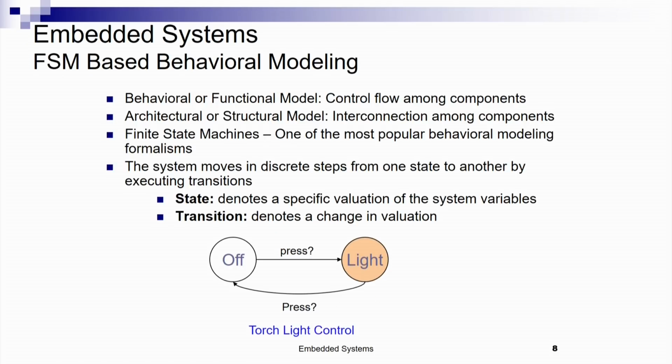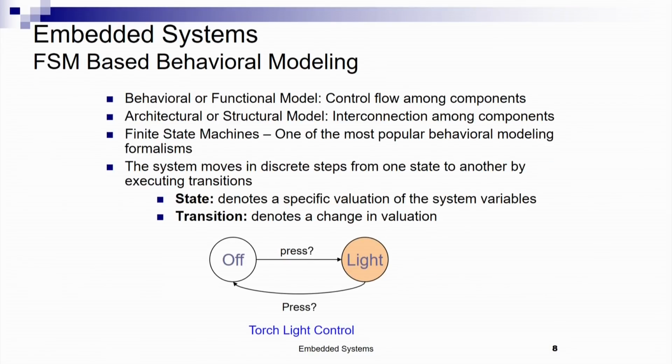For example, let us say that we want to design a very simple torchlight controller, a small embedded computing device that will be put inside your torchlight. Firstly, the switch is off, and then when you press the switch, you get to the lighted state.